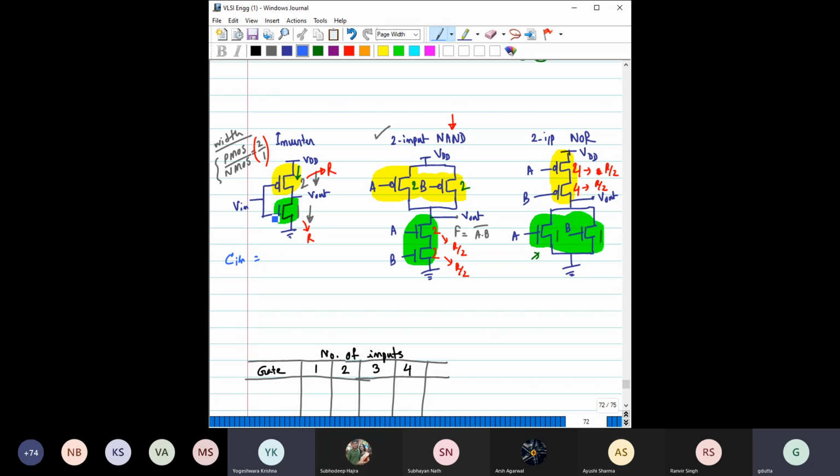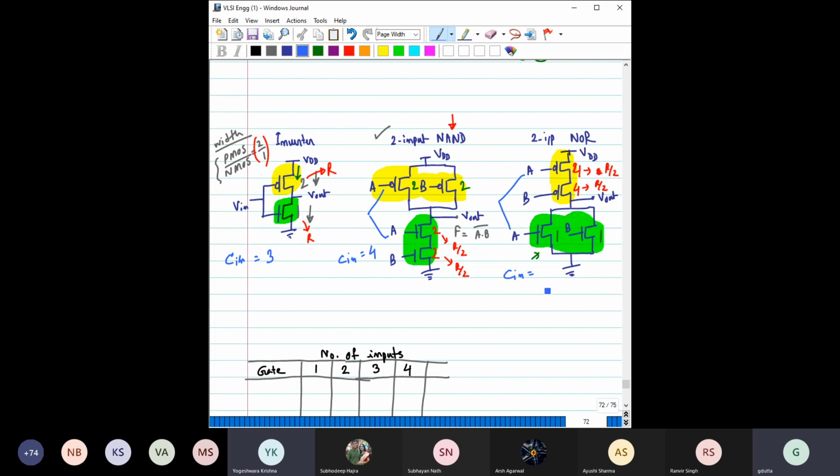So 2 plus 1, the C input is total 3, a 3 unit capacitance. What is the unit capacitance here? Let's say you have connected this V out with the A input. What is C in here in this case? It is 2 plus 2, it is 4, right? What is C in here? Let us say again it is driving this A input.